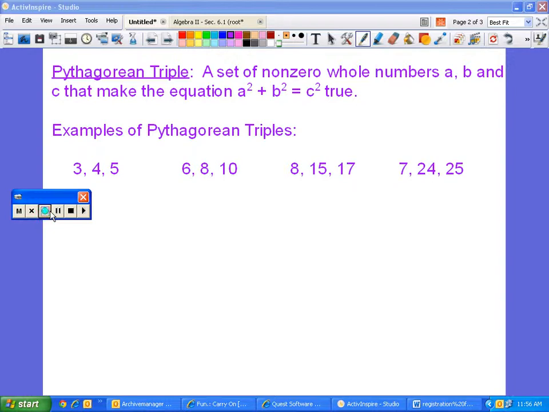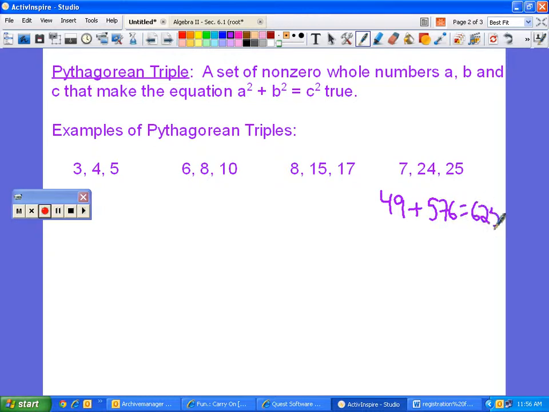So 7 squared is 49, and 24 squared is 576. And that's going to equal 625. You don't have to know these, but those of you who learn them will not have to go through the trouble of doing the Pythagorean theorem.